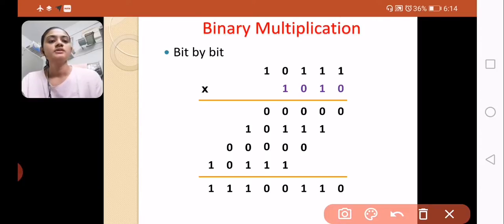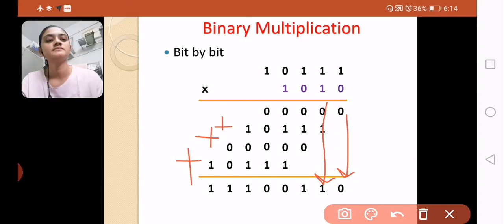Now you have to just do addition of all this bit by bit. So first 0 as it is, 0 plus 1 is 1, 0 1 0 1. Addition is 0 because here 2 times 1 are added, so the sum is 0 but the carry will be 1 here.